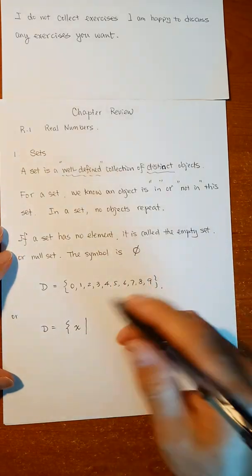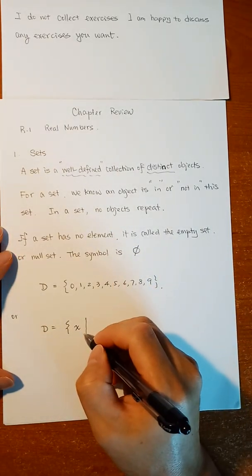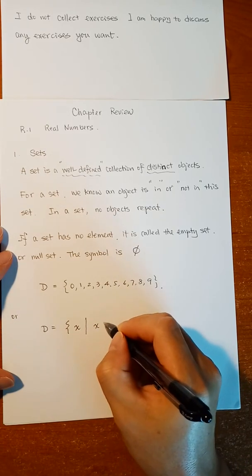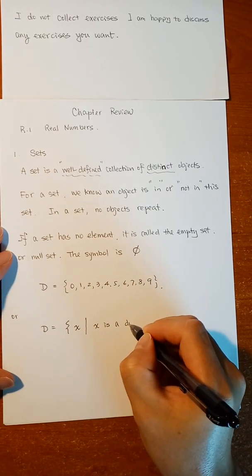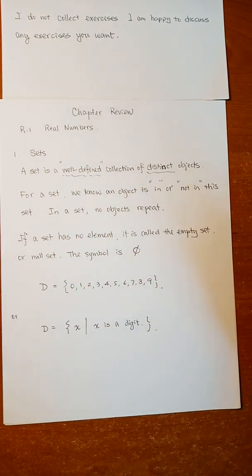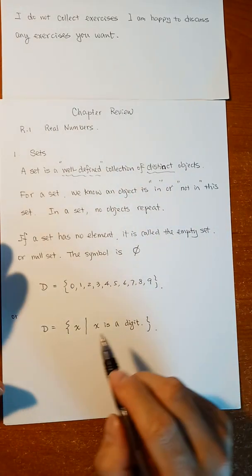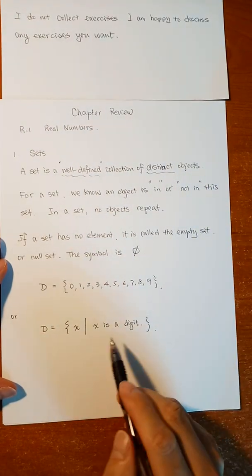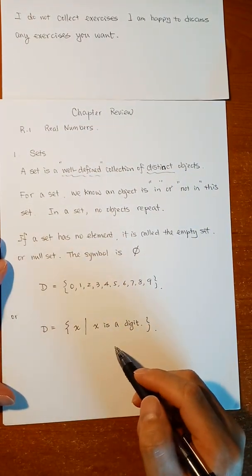After the vertical segment, we write down the property of the object: X is a digit, and then the other brace. So X represents an object. This object should be a digit.